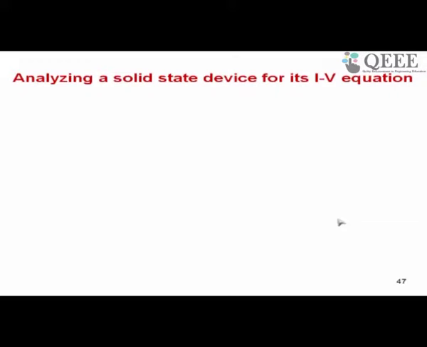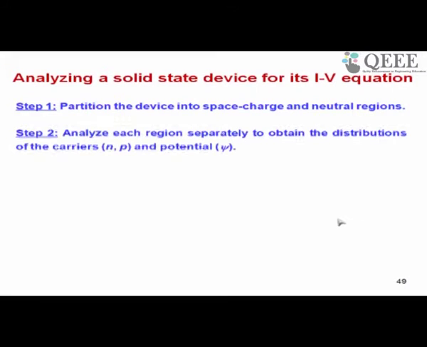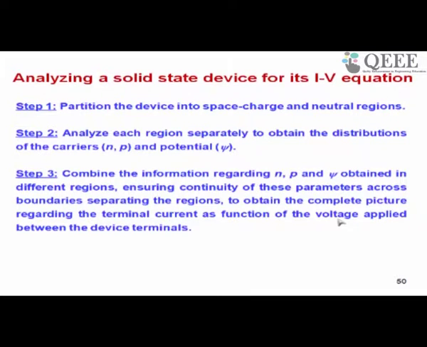So we said essentially there are three steps. Step 1: partition the device into space charge and neutral regions. Step 2: analyze each region separately to obtain the distributions of electrons, holes and potential. Step 3: combine the information regarding electron concentration, hole concentration and potential obtained in different regions, ensuring continuity of these parameters across boundaries, to obtain the complete picture regarding the terminal current as a function of the voltage applied between the device terminals.